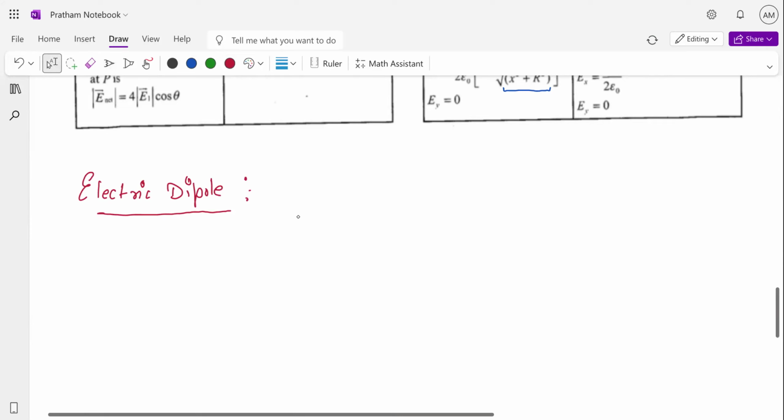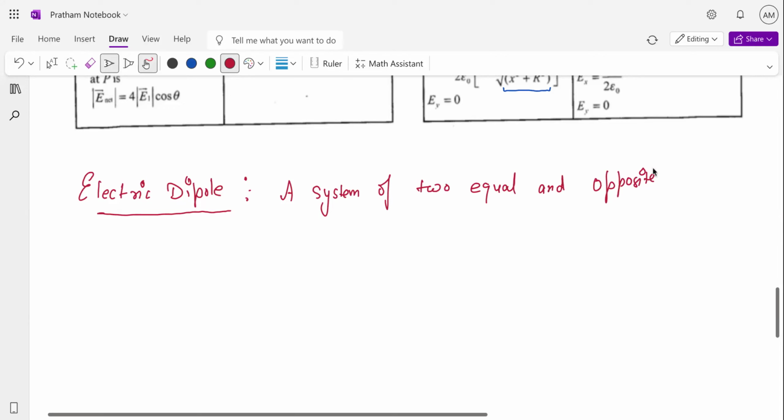Basically, a system of two equal and opposite charges.